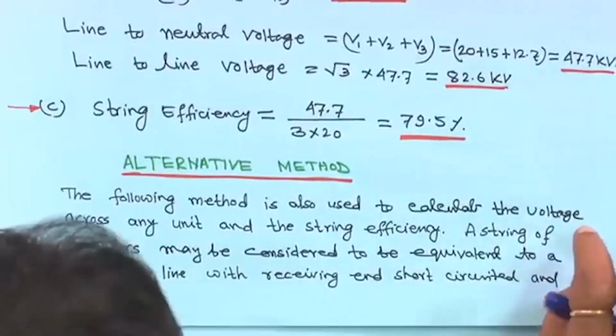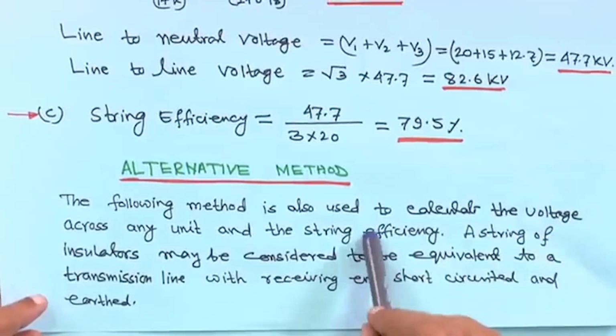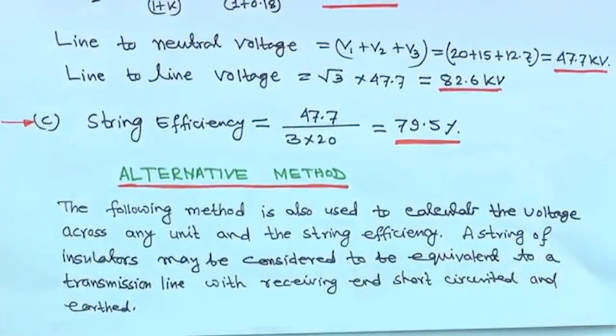Now, next is the alternative method. The following method can also be used to calculate the voltage across any unit and the string efficiency. Actually, a string of insulators may be considered equivalent to a transmission line with receiving end short circuited and earthed.